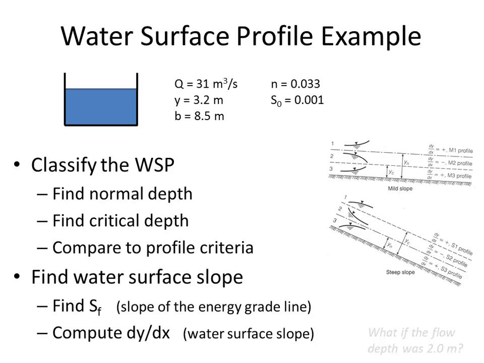So the Froude number squared is 0.04138.